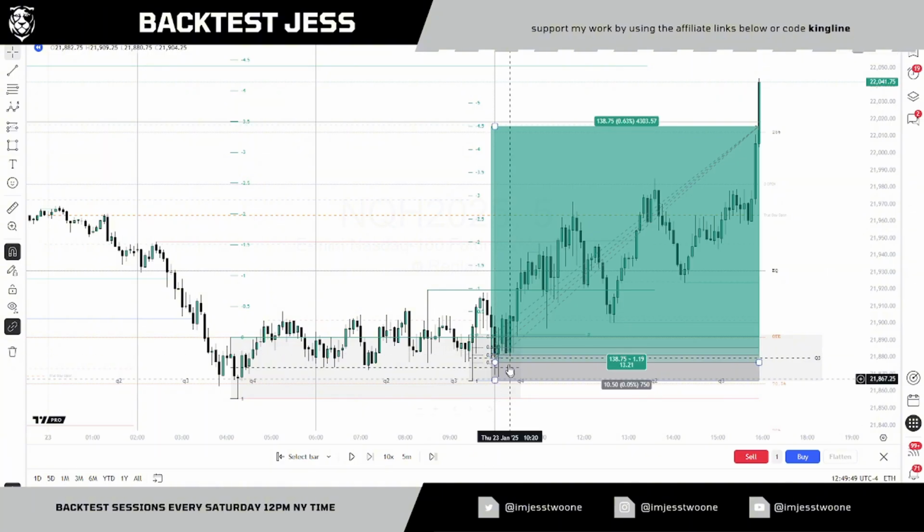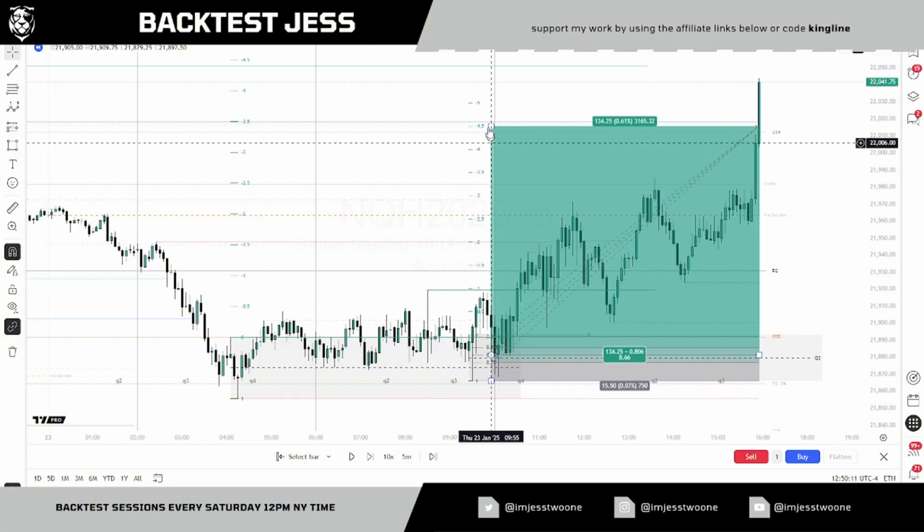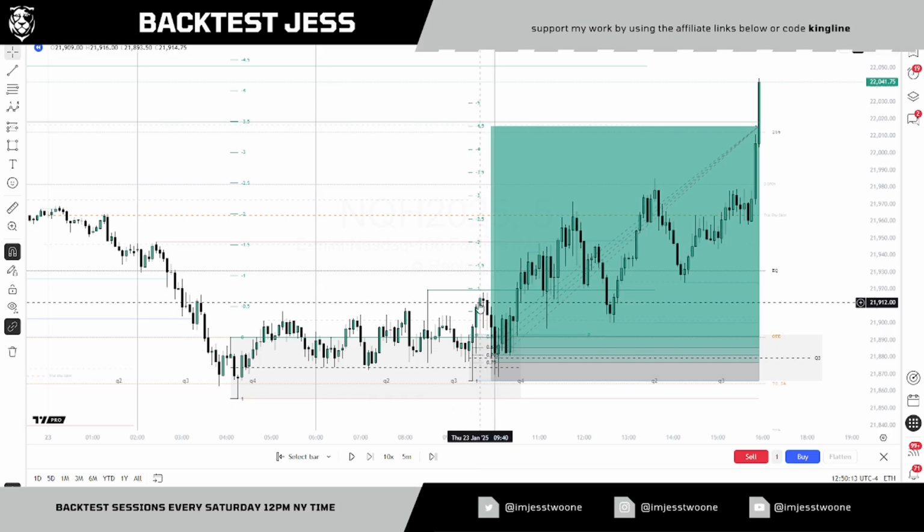Q3 is probable to deliver the manipulation about 50% of the time across all sessions, with the exception of Asia. And 2 to 2.5 is likely to deliver 80% of the time, no matter where that manipulation is occurring from. So I've singled it down to Q3 manipulations. We are aiming for the full 4.5, but we are testing to see, if Q3 manipulation is the one we're using, what deviation is going to deliver.